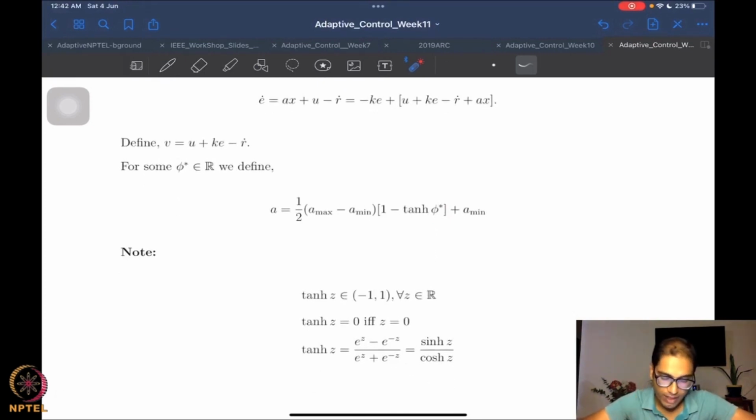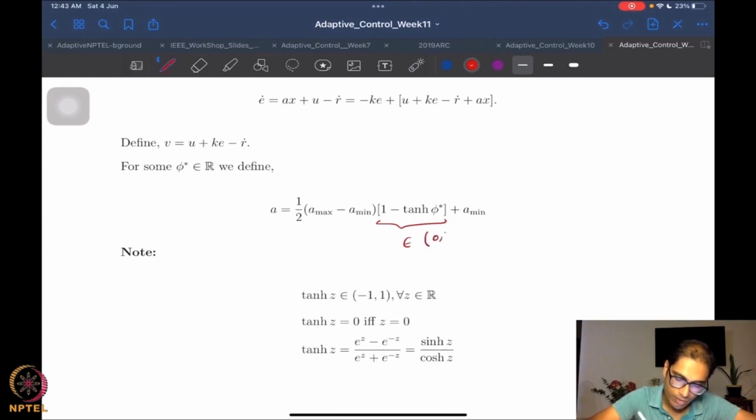Now let's look at why this makes sense. The first thing is that the tan hyperbolic function varies from -1 to 1 for all real numbers. What does it mean? It means that this quantity lies between 0 to 2. So what happens at 0?